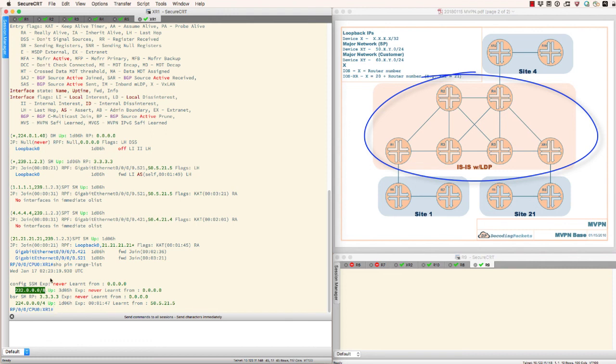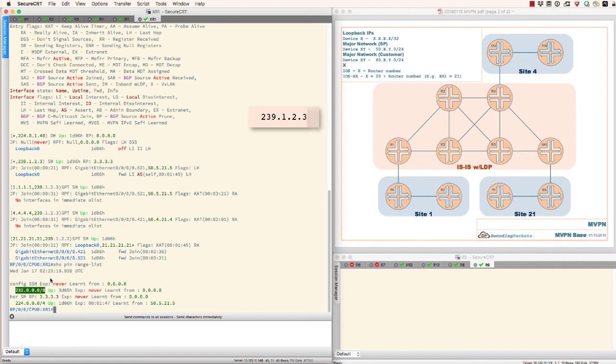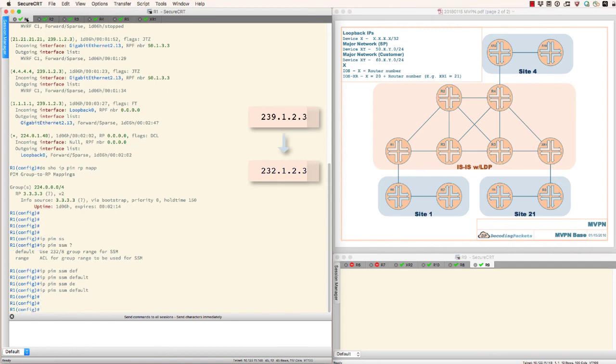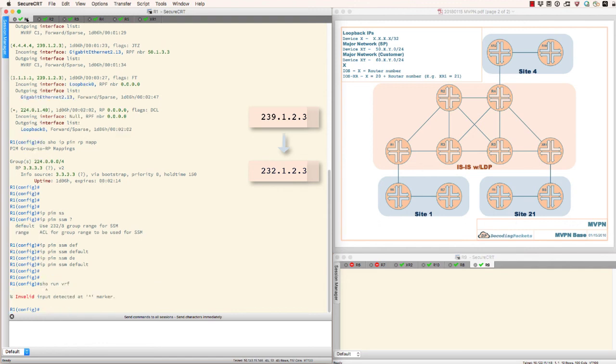The next thing we have to do is change the MDT group to something SSM. So in this case, I'm going to change it to 232.123, carrying on with the same 123 theme. So remember where we did the MDT config? That was in the VRF itself.